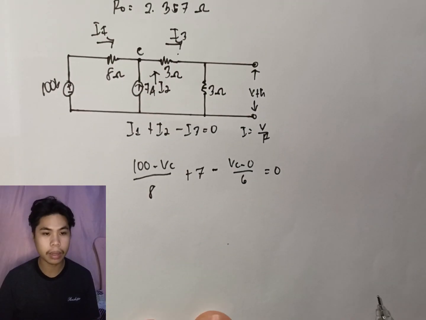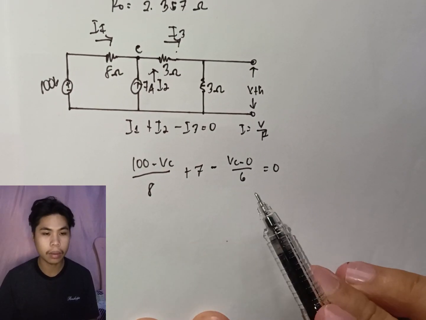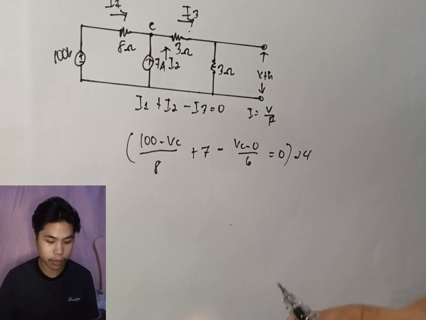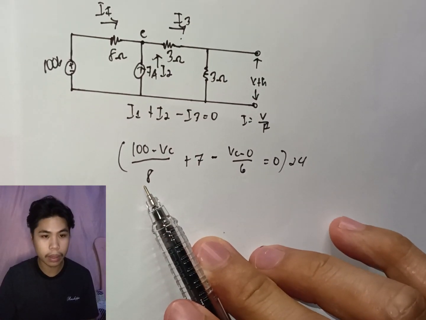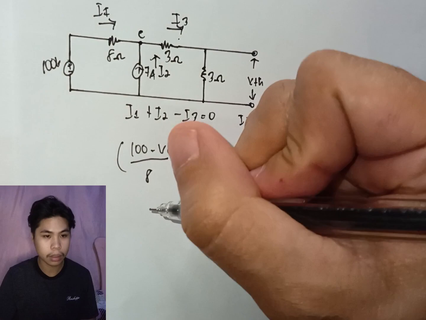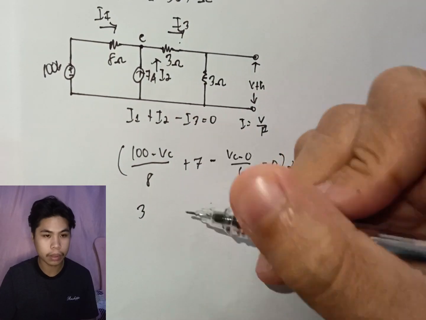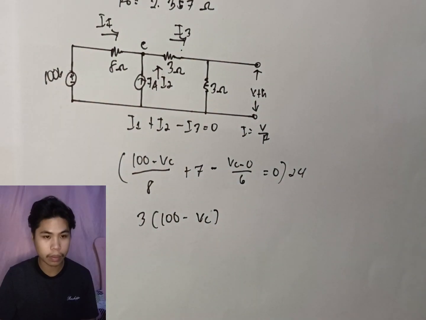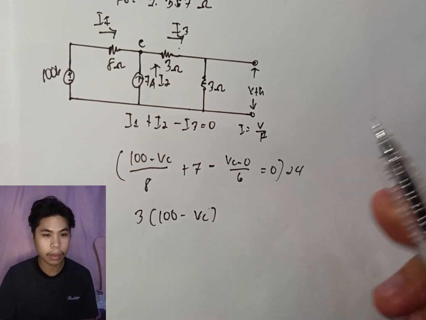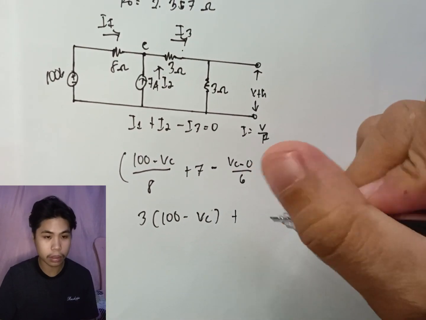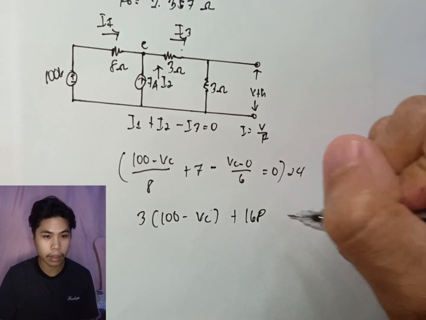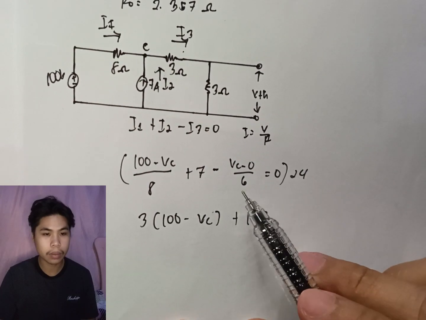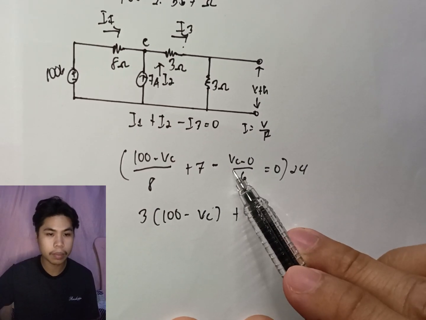So mapapansin natin, pwede natin siyang i-multiply by 24 para mawala yung denominator. So 24 divided by 8, it will become 3 multiplied by (100 minus VC), plus 24 multiplied by 7, which is 168, and 24 divided by 6, which is 4 multiplied by VC.